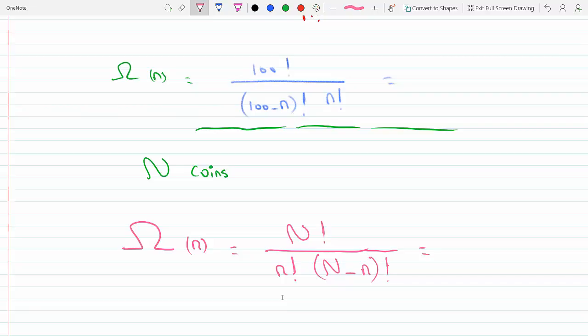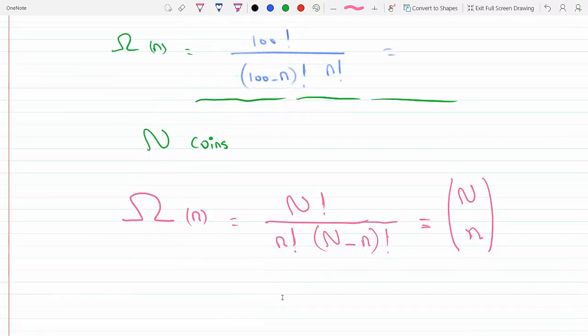And this is what you usually hear when they say n choose small n. The number of ways of choosing small n objects out of n items.